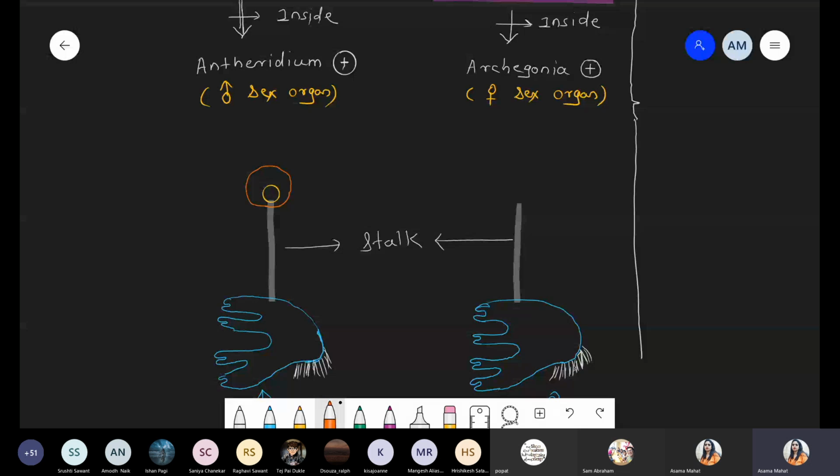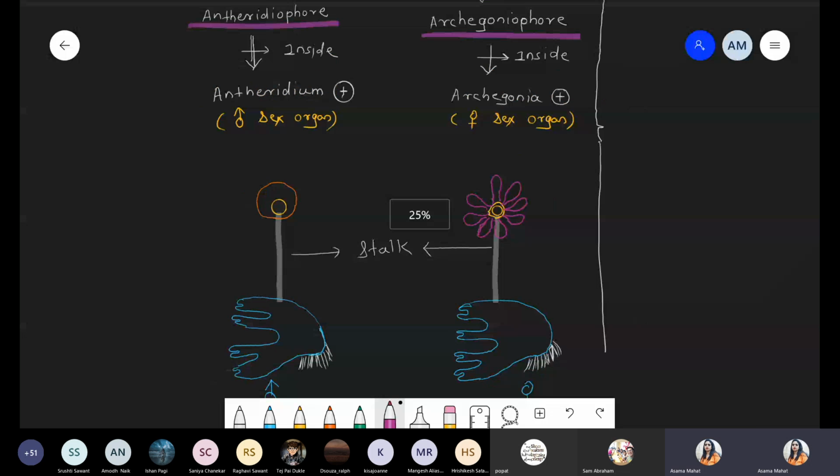For the male, and the female has a different arrangement like this. So that is exactly the variation.